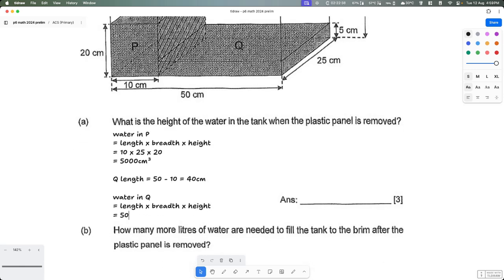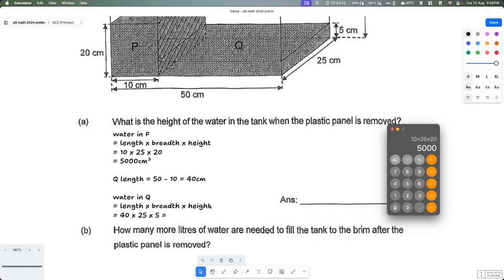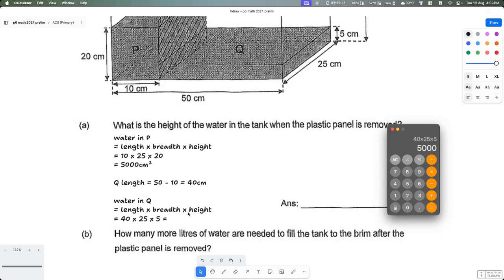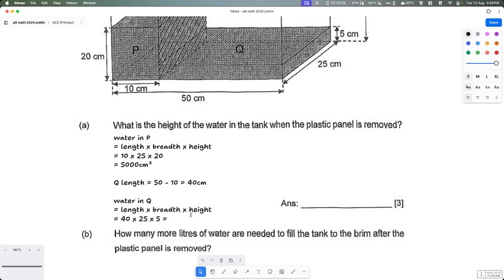The length is 40, the breadth is 25, and the height is 5. 40 multiplied by 25 multiplied by 5 will give us 5,000 as well, centimeter cube. So the total water will be 5,000 plus 5,000, which is equal to 10,000 centimeter cube.